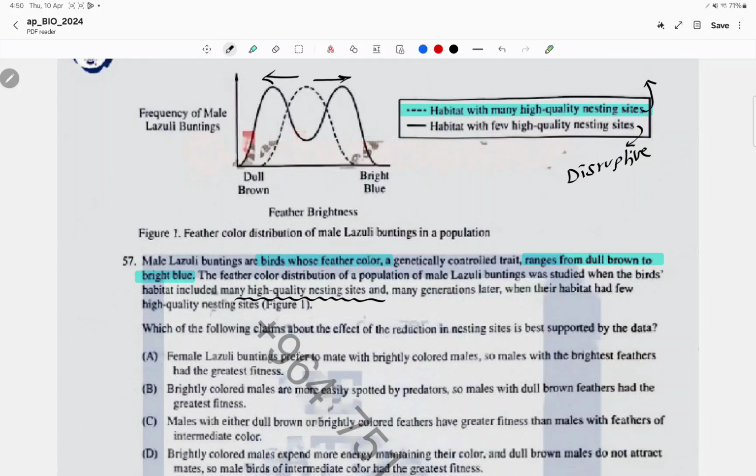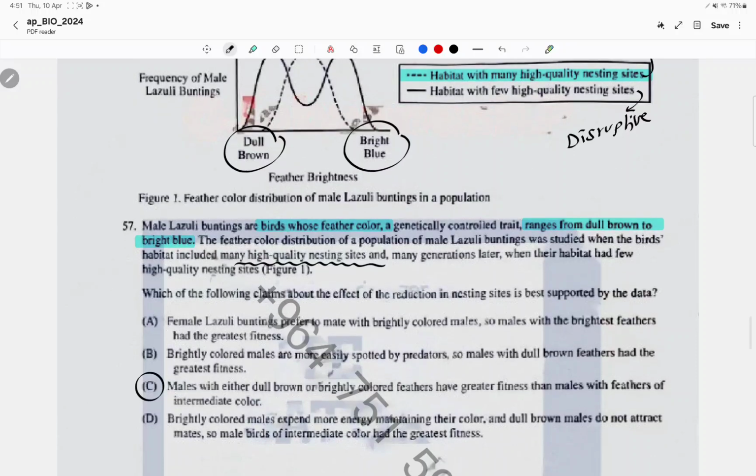And the extremes have dull brown and bright blue. So the extremes were the ones who actually got to mate or have more fitness, let's say. Expend more energy maintaining their color? That's not it. No, it's not D. And so yeah, fitness toward the extremes, that means they have more fitness being dull brown or bright blue.